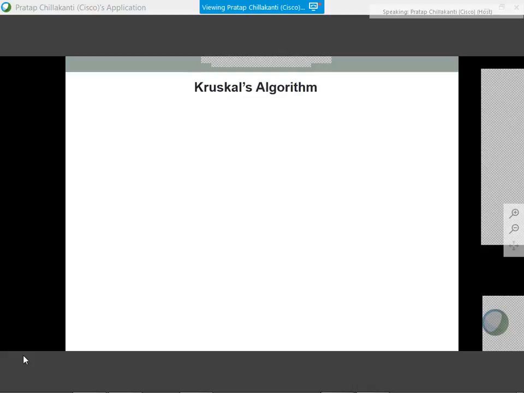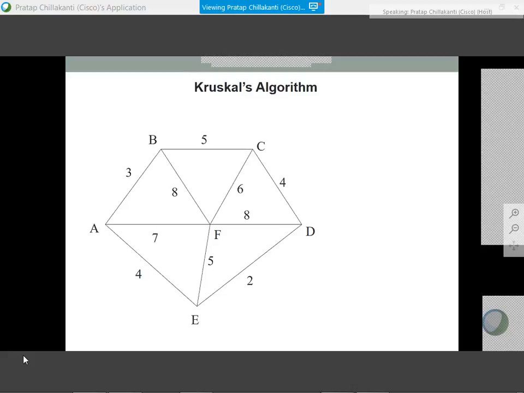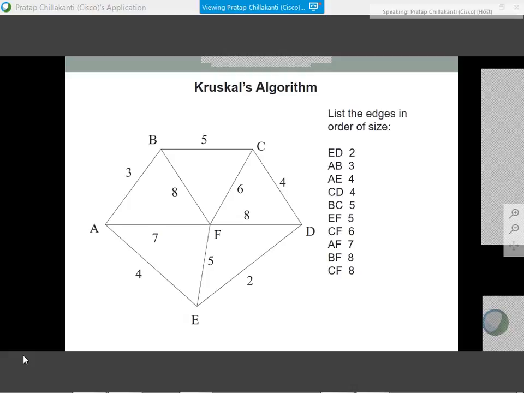So here is Kruskal's algorithm. If you apply Kruskal's algorithm, what are all the edges that are there? Remember, we are starting with the lowest edge. So you list down all the edges first, in increasing order, because we start off with the lowest one, right? So ED equal to 2.